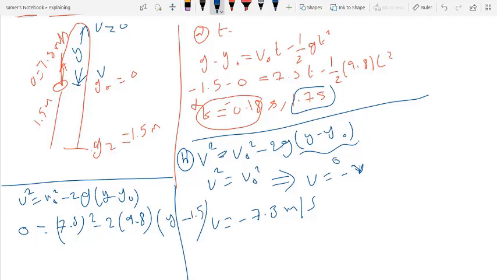In this case we can find the height of the ball from the surface of the earth, because by y here we mean the height from the maximum point to the surface of the earth. Solving for y in this equation, we get simply 4.2 meters. And this is the maximum height the ball reaches.